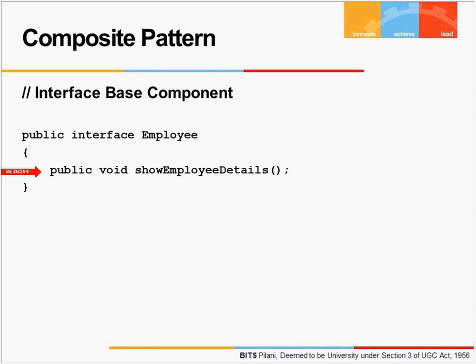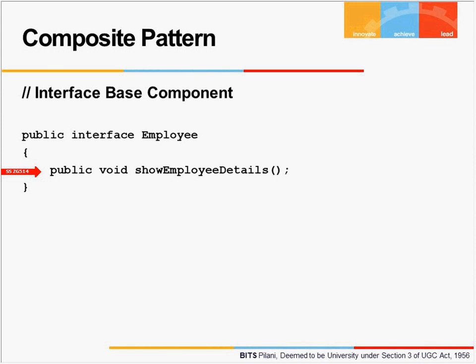In this case, since we said that every atomic object or composite object is an employee of the company, the interface is governed by the rules of the company. So in this case, for us, the interface of the rule of the company is to show employee details. One particular operation should be implemented by each of the atomic as well as the composite objects.